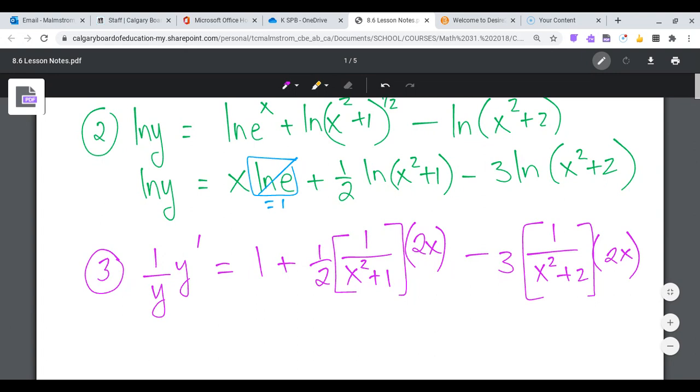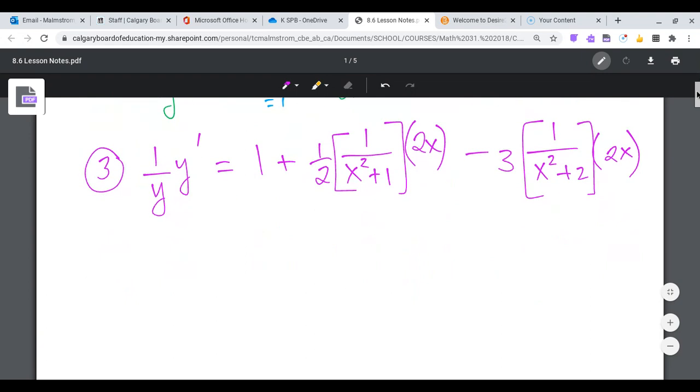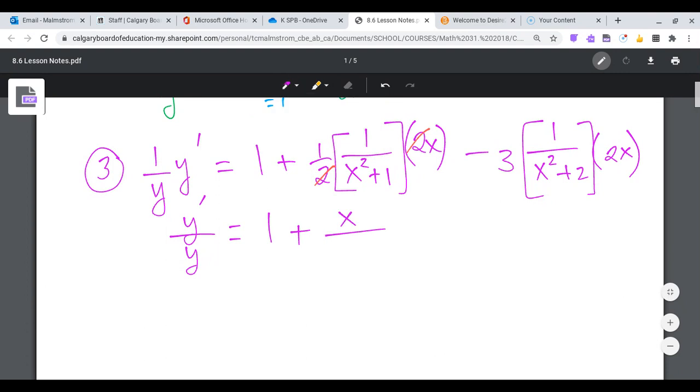And now we're going to just tidy up a little bit before we move on to isolate for y prime. So I have y prime on y is equal to 1 plus, I'm going to see that those 2's could cancel, and that would leave me with x on x squared plus 1.